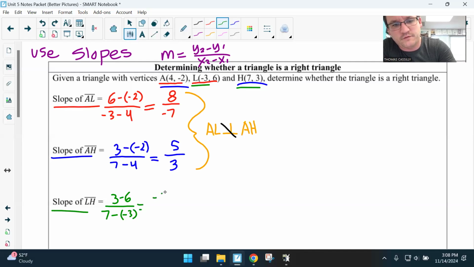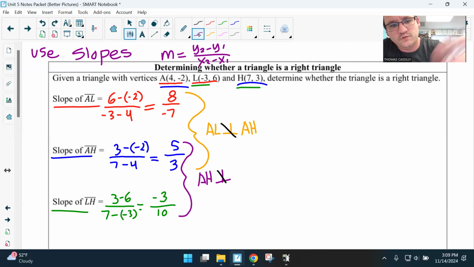That gives me a -3 on top, and 7 minus -3 gives me a 10. So let's take a look at these. These two are not opposite reciprocals, so we can say AH is not perpendicular to LH.